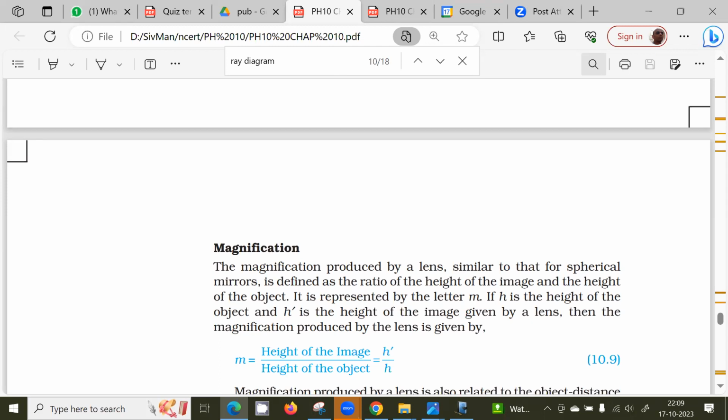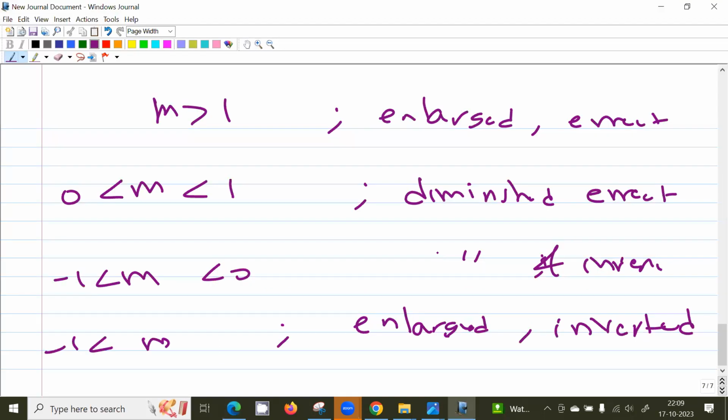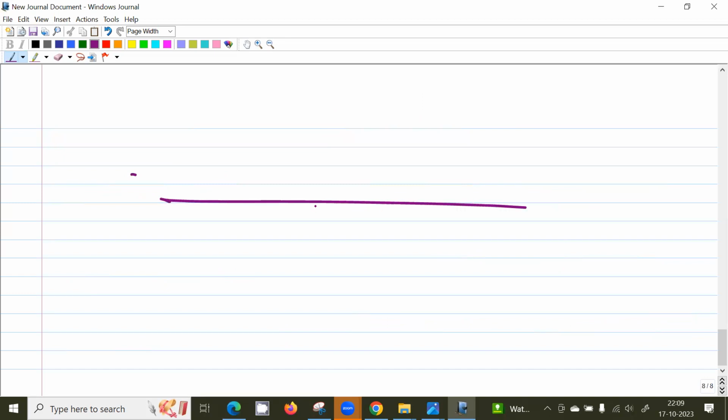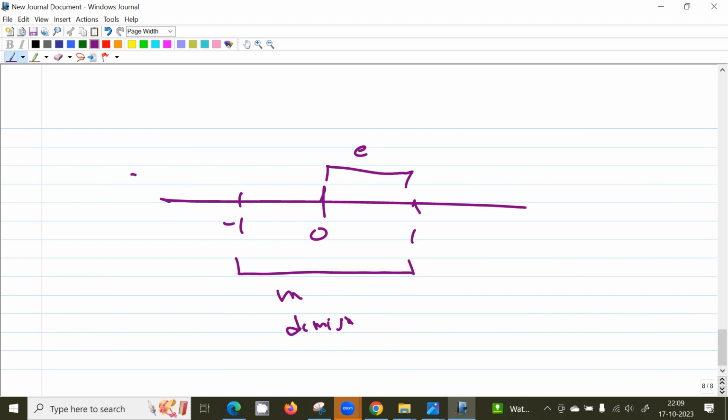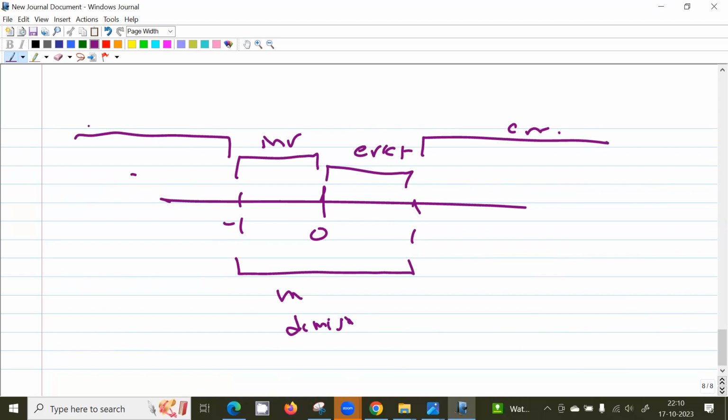So this is the number line: 0, 1, -1. Magnification in this range is diminished because it's a fraction. This is erect because it's positive, right? This is inverted. So here it is erect and enlarged. Here it is inverted and enlarged.